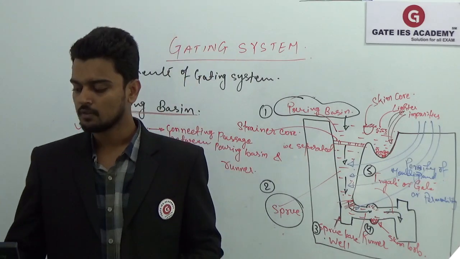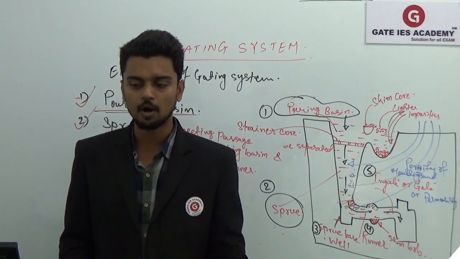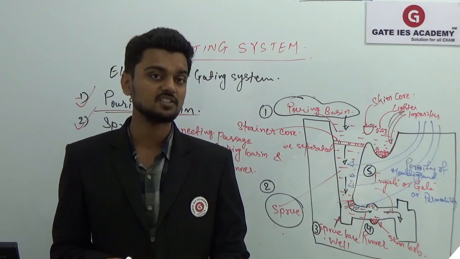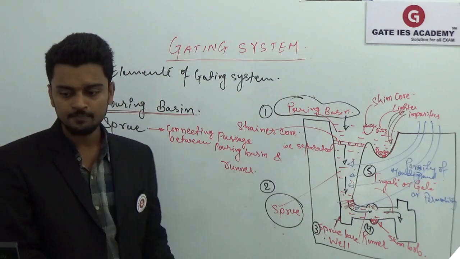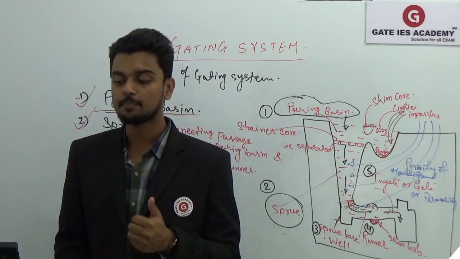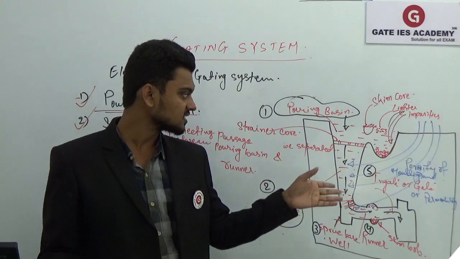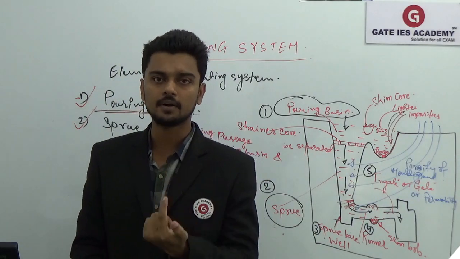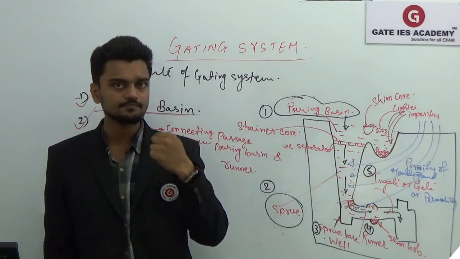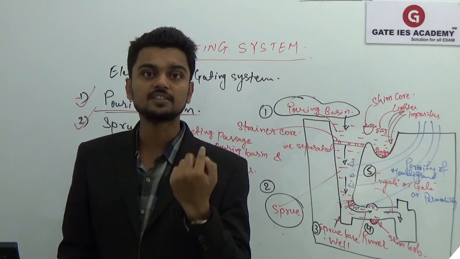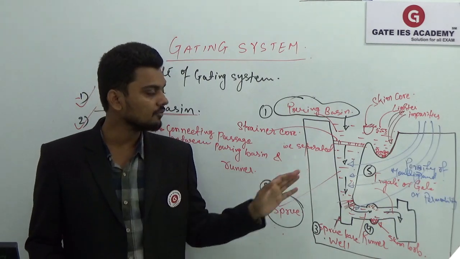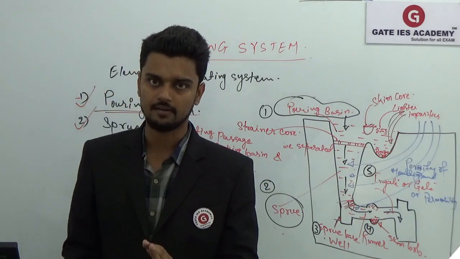The next slide is regarding the sprue, a connecting passage between the pouring basin and the runner. The next thing is a straight tapered circular cross section. So the shape of your sprue should be tapered, a straight taper whose cross section should be circular, in order to avoid the aspiration effect.